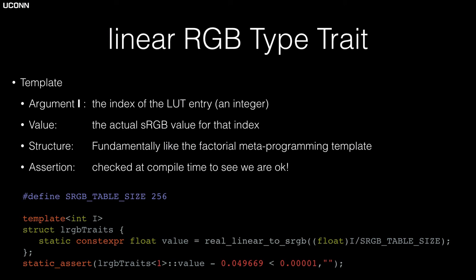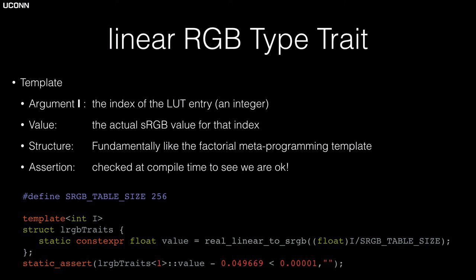I'm creating a struct that I call LRGB, linear to RGB traits, LRGB trait, and it's templated by an integer index I. So that's my argument. That will be the index into the lookup. What it contains, no surprise, static constexpr float value. Right? It's a static, it's constexpr, because I want to have it evaluated at compile time, and I'm calling it value.